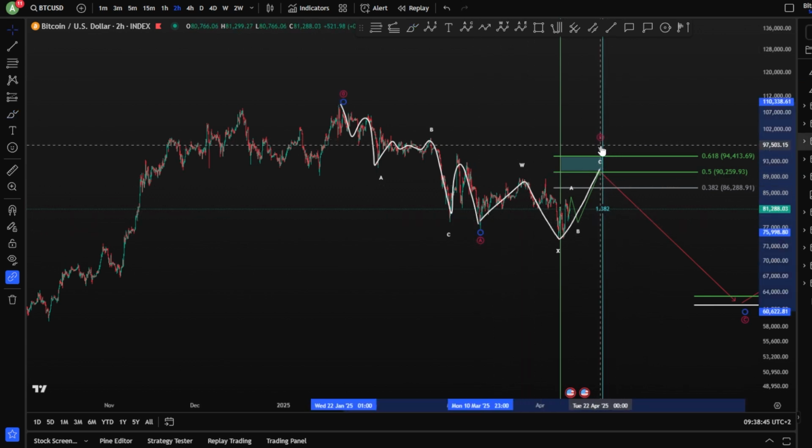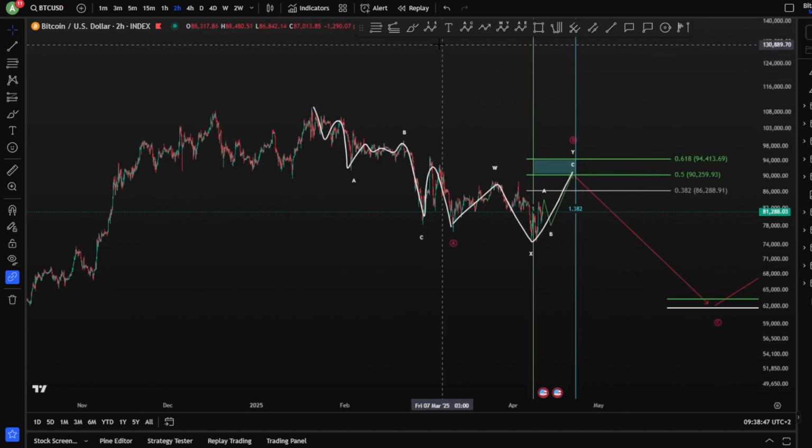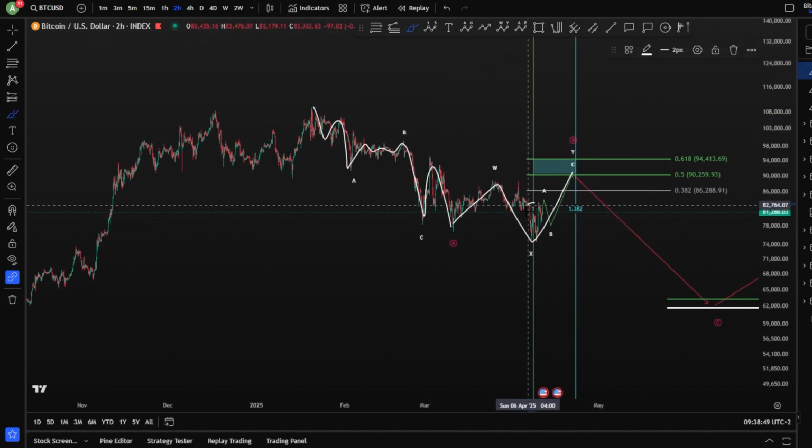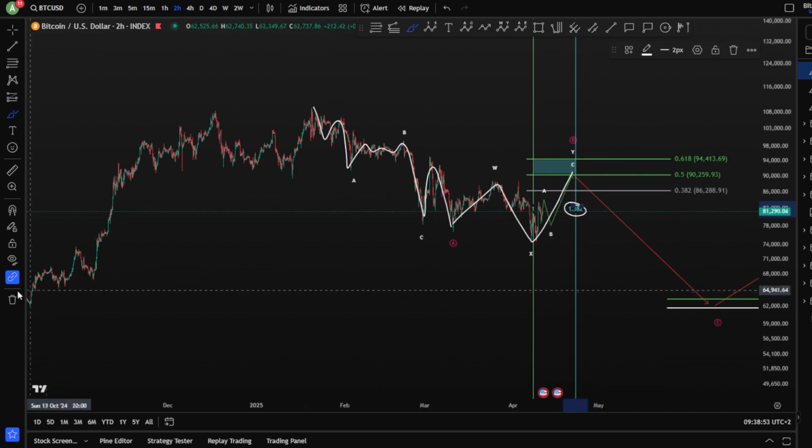This wave B as an expanding flat would like to finish in between the perfect time as 1-to-1 fib time and the 1.38 fib time as well.